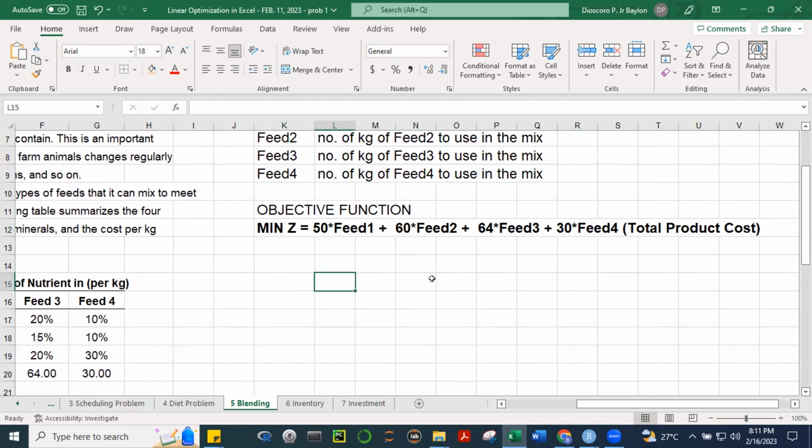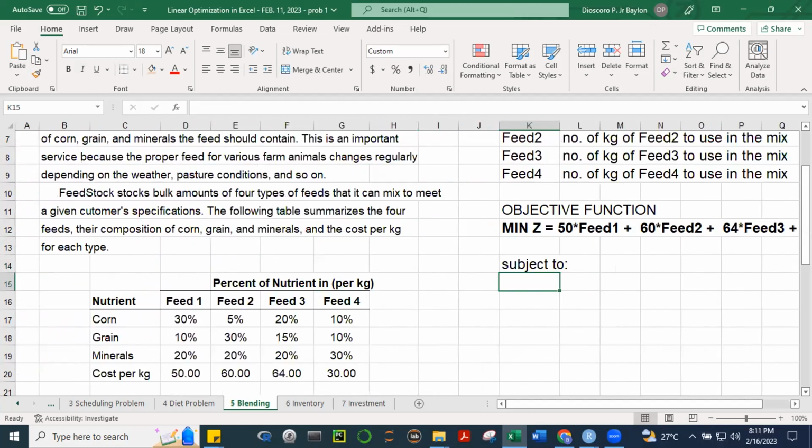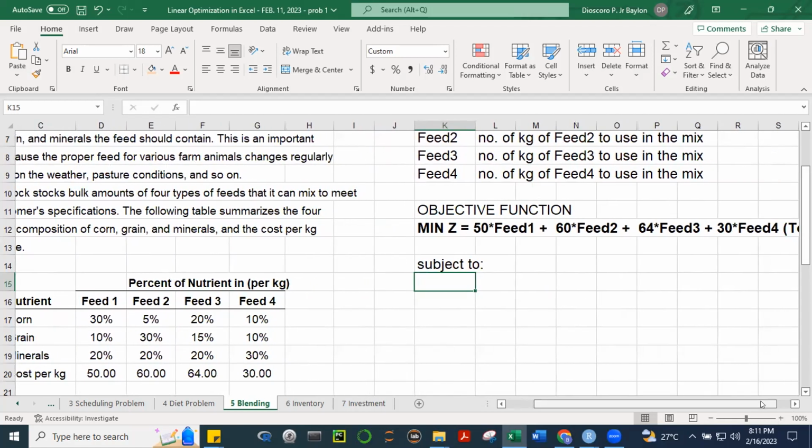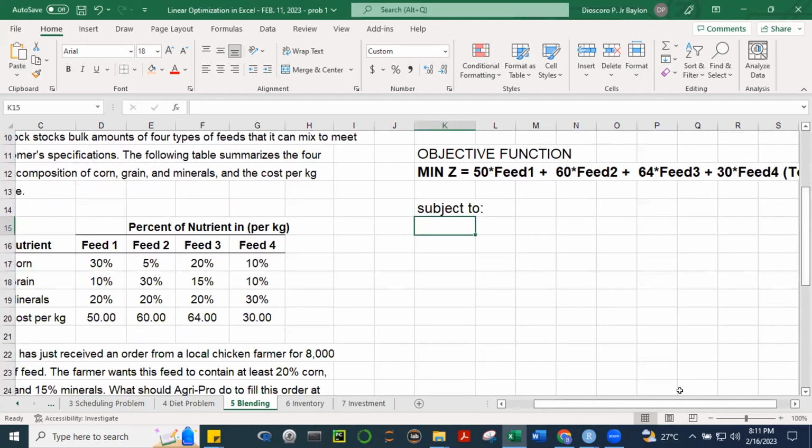Okay. So we now have our objective function, and then we now write subject to. So these are now our constraints. Okay, what will be our constraints, class? Yes, Erwin? The first constraint is the order quantity, which is 8,000 kilograms, sir.